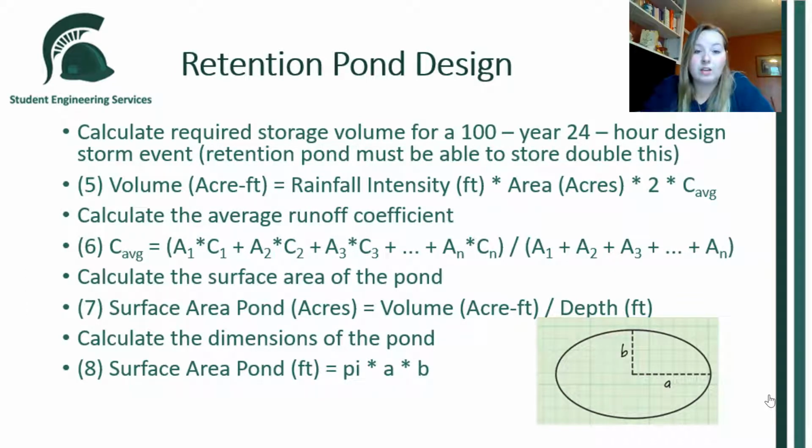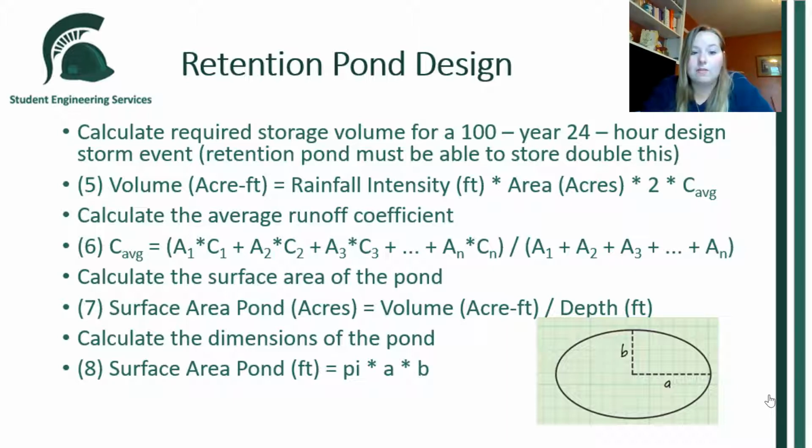The methodology for designing a retention pond is as follows. First, we need to calculate the required storage volume for a 100-year, 24-hour design storm event, and the retention pond must be able to store double this volume as specified by the Ingham County Drain Commission.